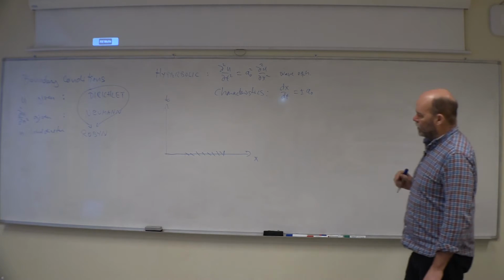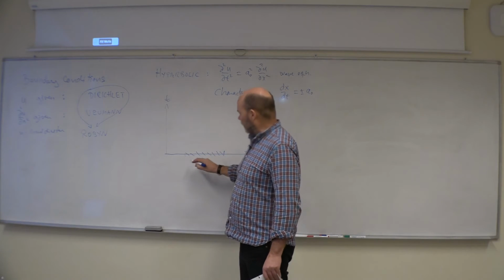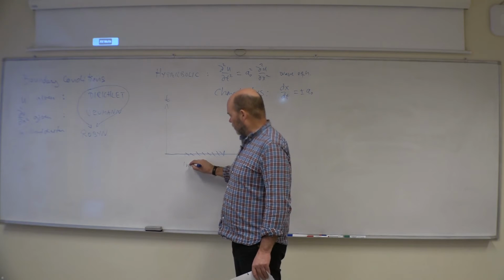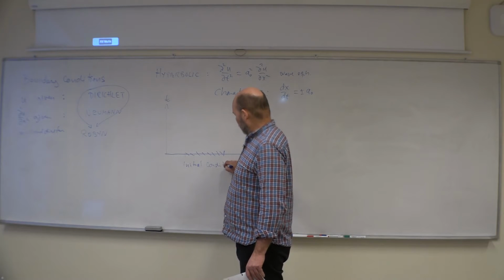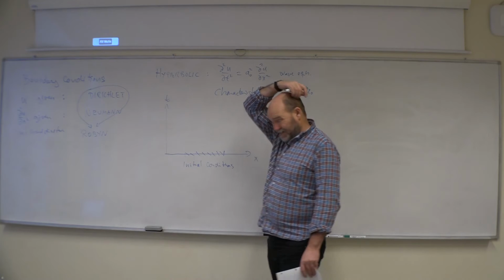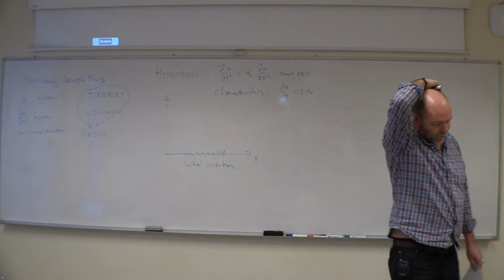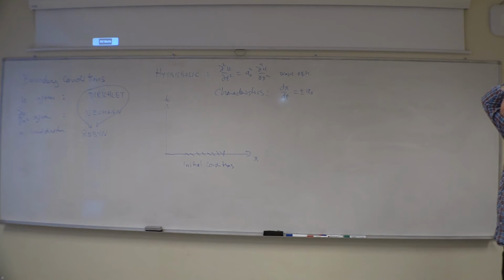So this will be the initial value, initial data, initial conditions. Then here we know the quantity, of course, or else we can't get started at all. So here our unknown is given.